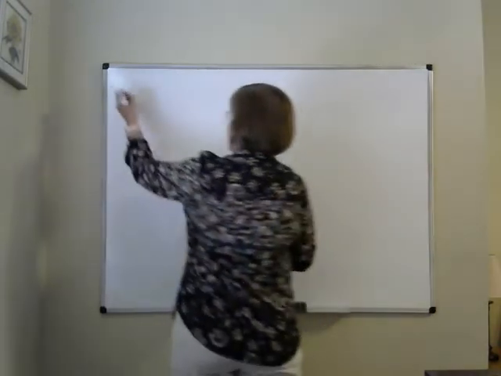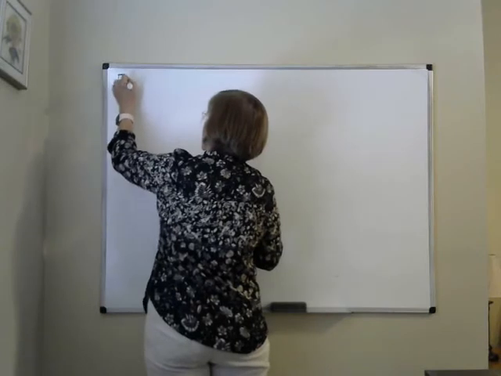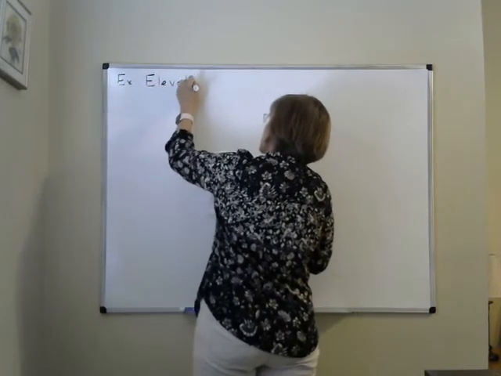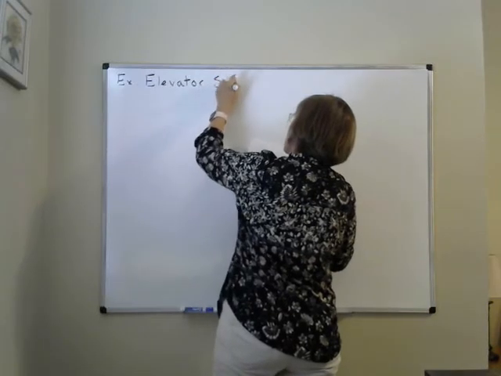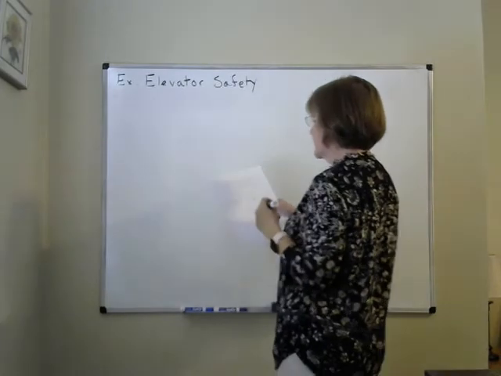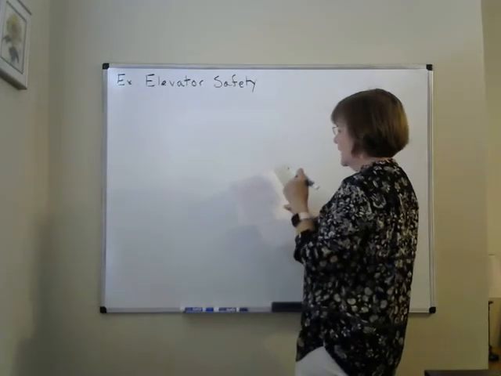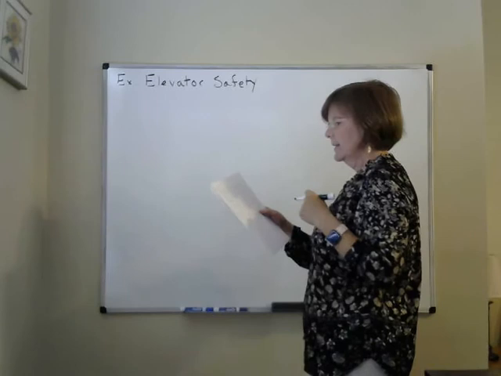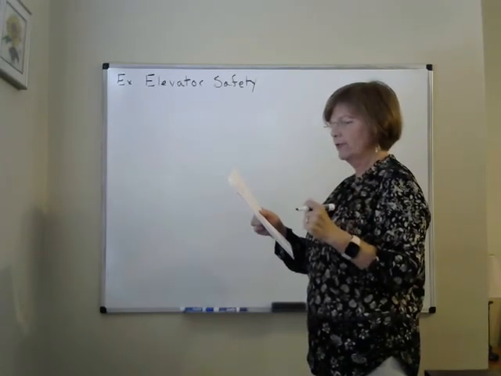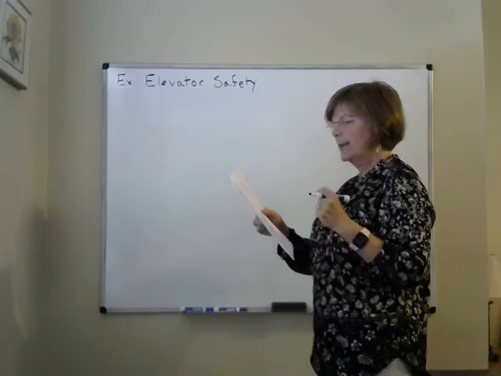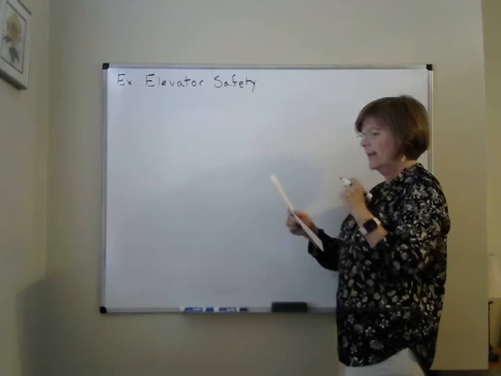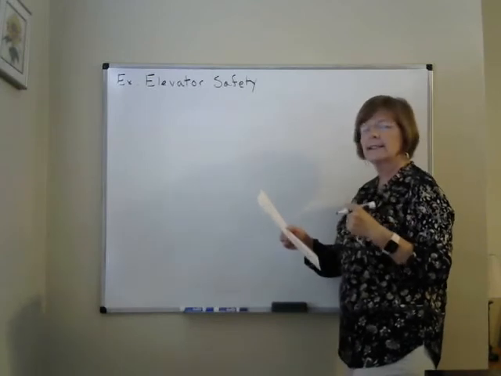Also, this example is labeled something like elevator safety. And it says that we have a 2,000 kilogram elevator falling at 8 meters per second when it contacts a cushioning spring at the bottom of the elevator shaft. The spring is meant to stop the elevator by compressing 3 meters. Determine the necessary spring constant.